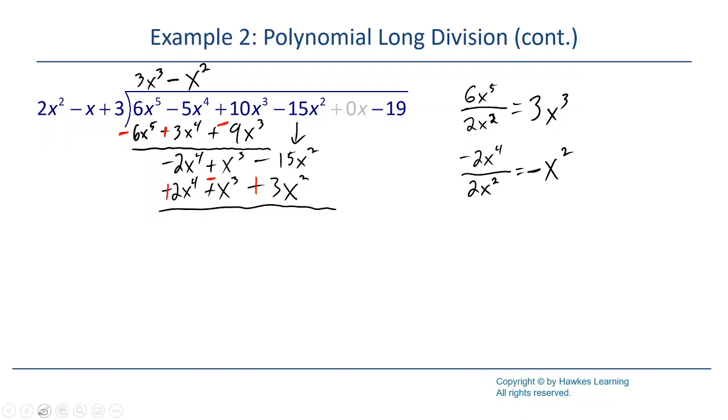But now notice not only is the first term 0, so is the second term, because we do negative 2x to the fourth plus 2x to the fourth, cancels, gives us 0. And then x cubed minus x cubed gets us 0. And then negative 15x squared plus 3x squared is going to be negative 12x squared. So I only brought one number to the party.